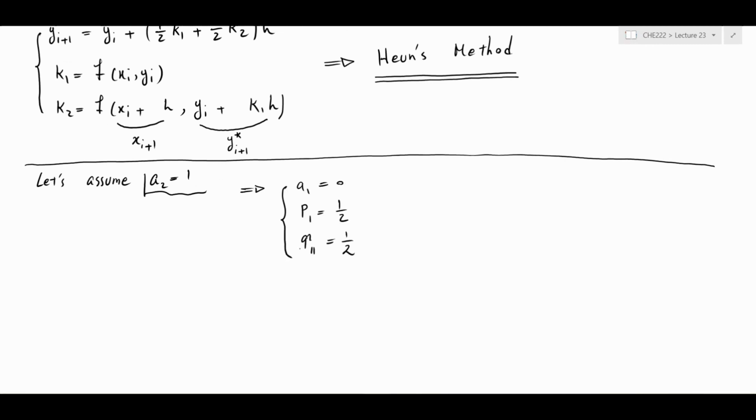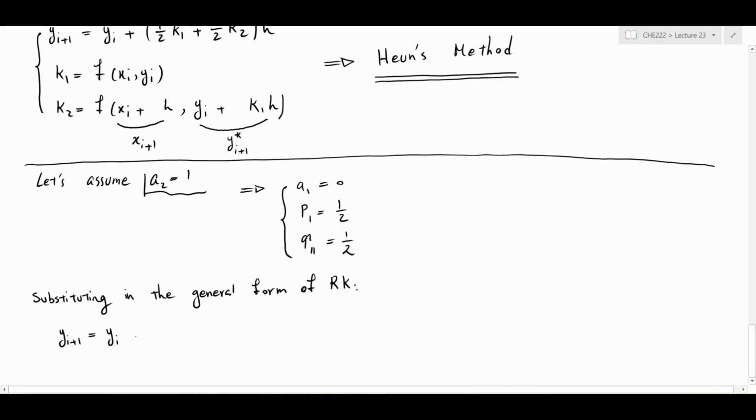And again, by substituting these values for the constants in the general form of Runge-Kutta method, we will get yi plus 1 is equal to yi plus a1 times k1, and in here a1 is 0, so that whole term is 0, plus a2 times k2, a2 is 1, so we will have k2 times h.